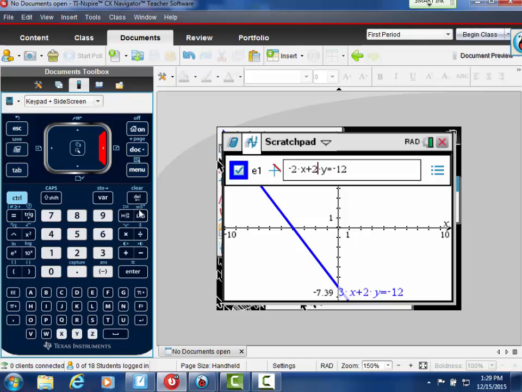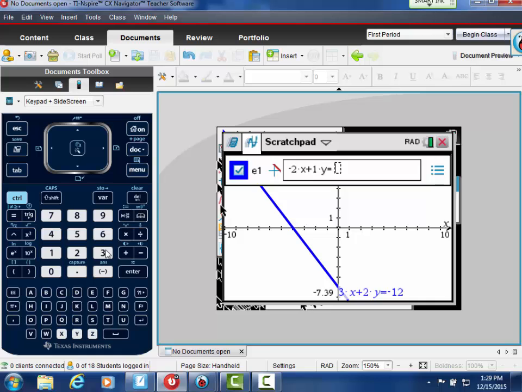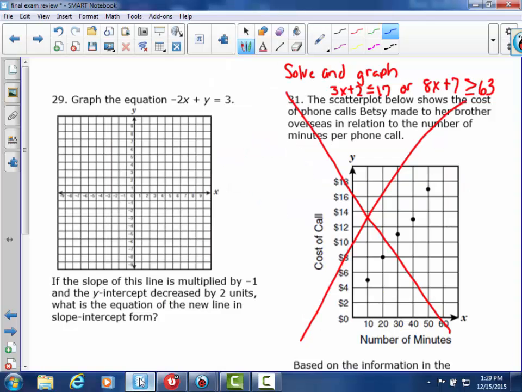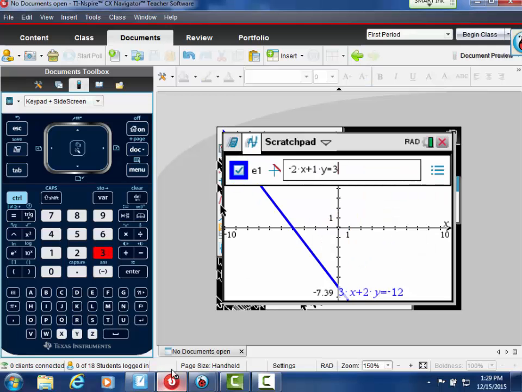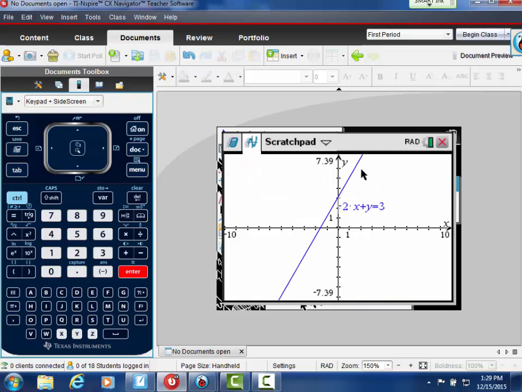That'll be +1. And that'll be 3. Oops, too far. 3. Was it 3? It was 3. Okay. And I hit enter. And so that's my line.